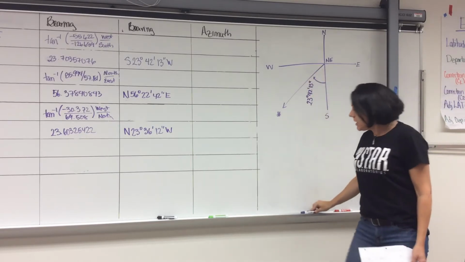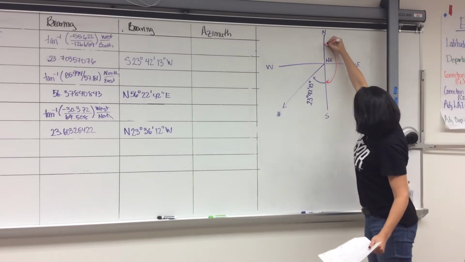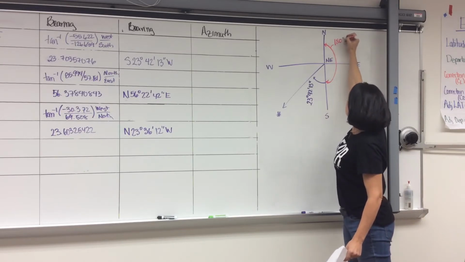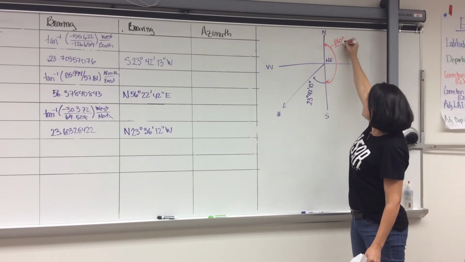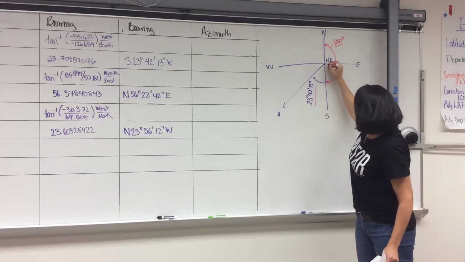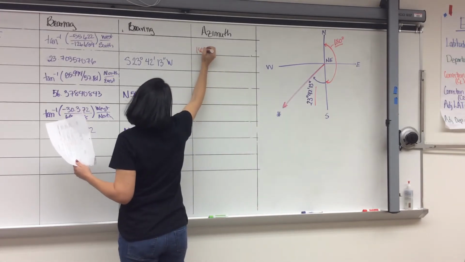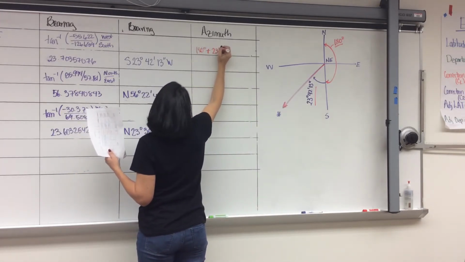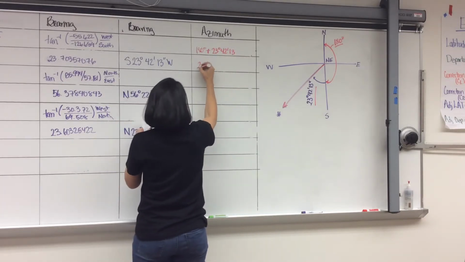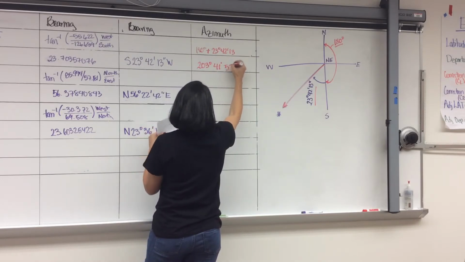What is this angle here? It's 180 degrees, right? So if I take 180 plus the 23, that's going to give me the azimuth of this line. So I take 180 degrees plus 23, 42, 13, and I get 203, 41, 55.